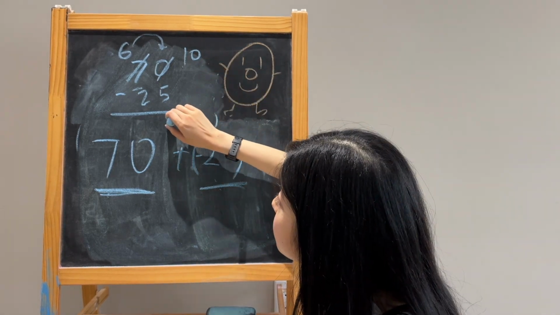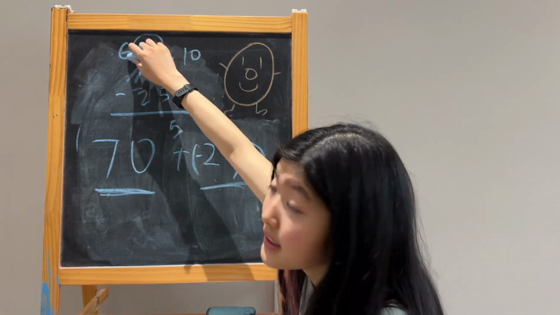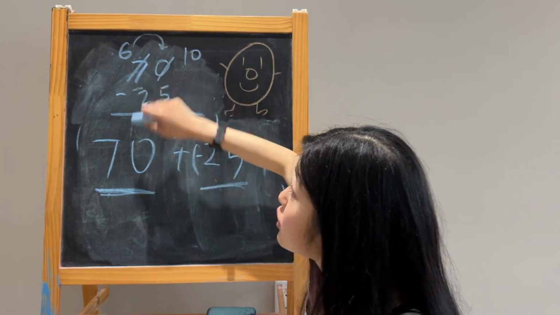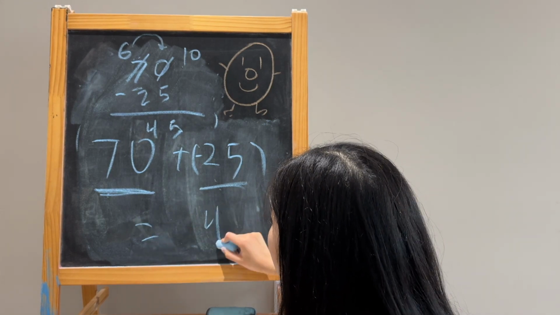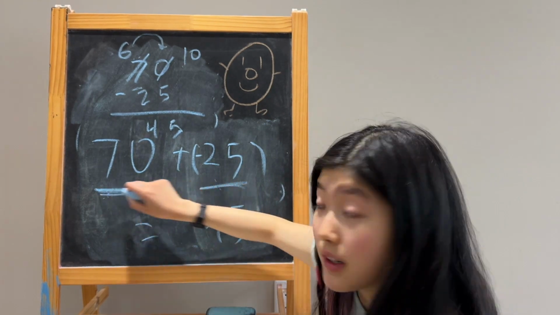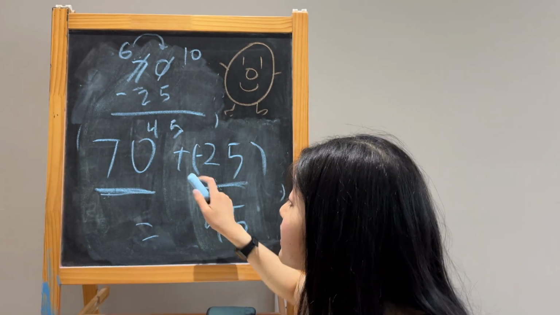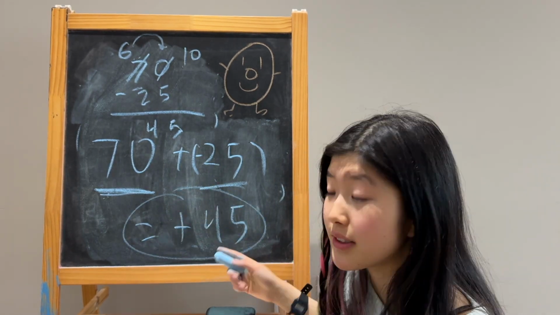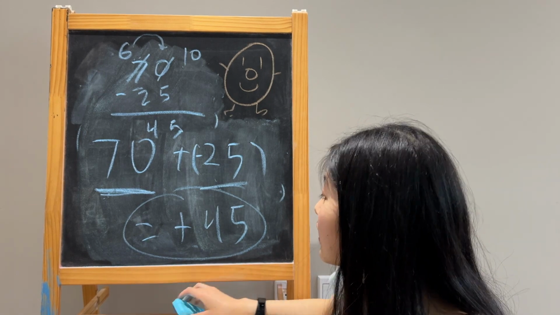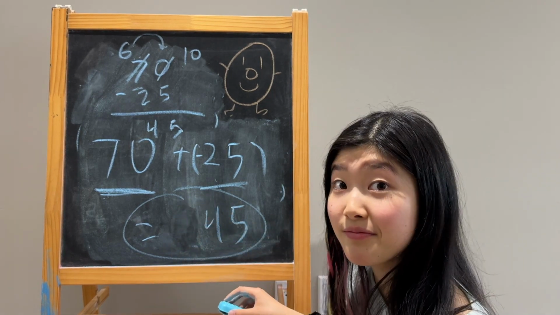We get 5 and 6. We have a leftover 6. 6 minus 2 is simply 4. So now we have the number 45. And remember, which one is bigger? 70, right? So the final sign of 45 is positive 45. Now, we can say a positive, but if it's invisible, then it's always positive.